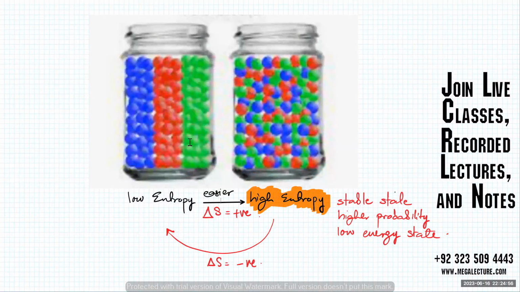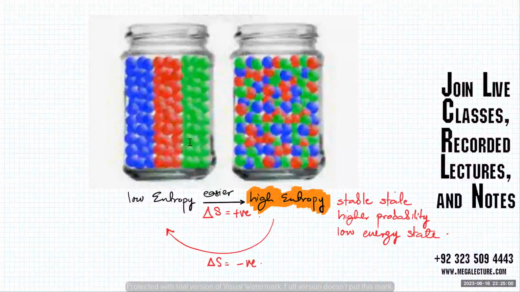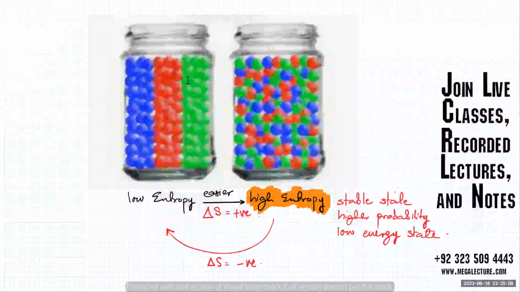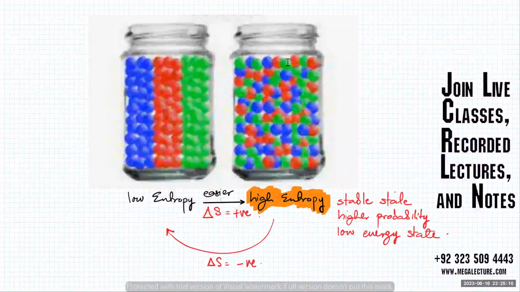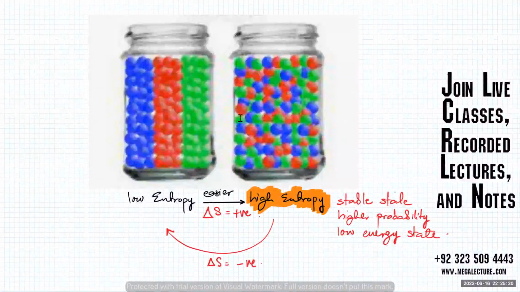Out of hundreds of thousands of different states, there would be just one or two where you could arrange them in a neat and tidy order. Most of the states you're going to have are the high entropy states. So they have a probability close to 1 or 100%. This state over here has a probability close to 0%.